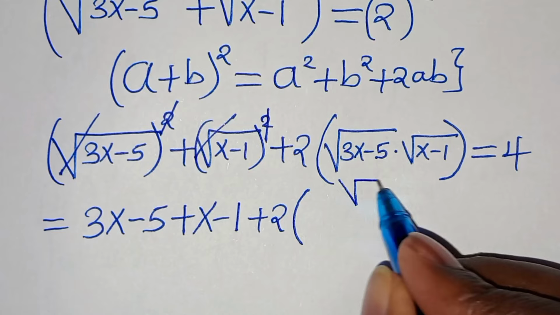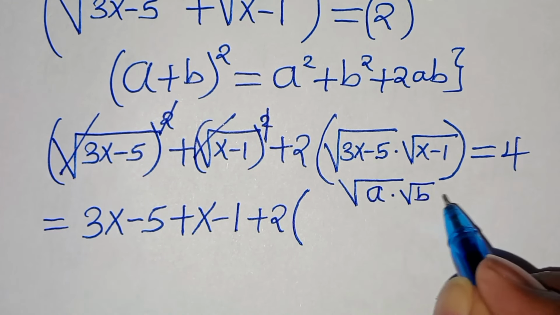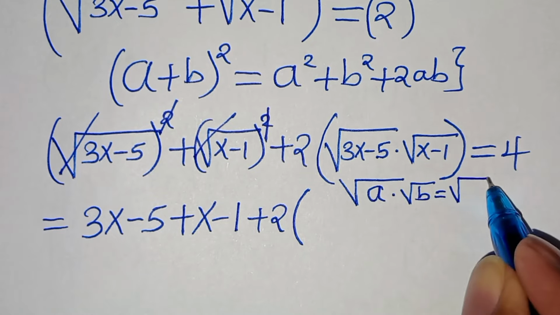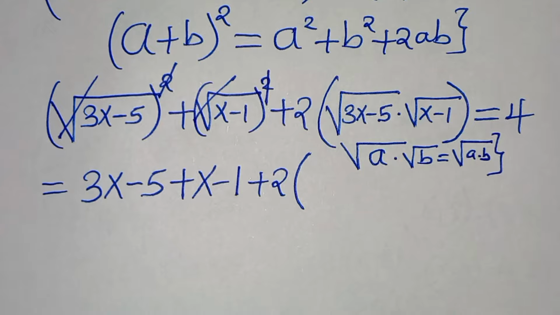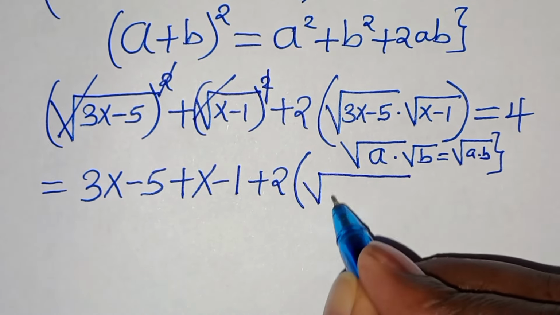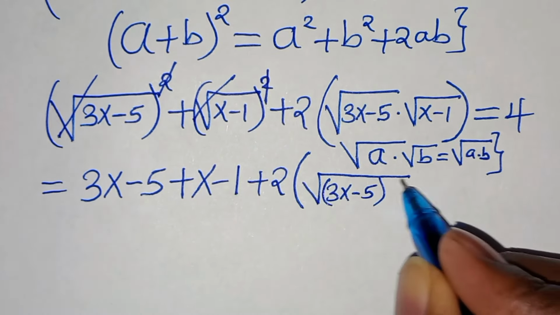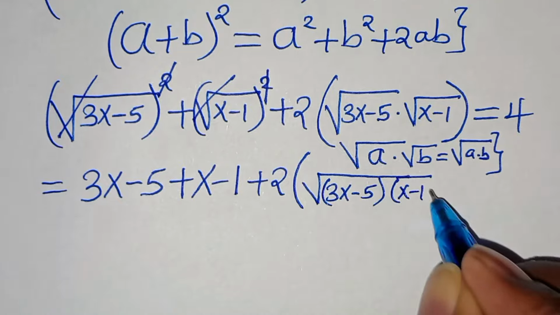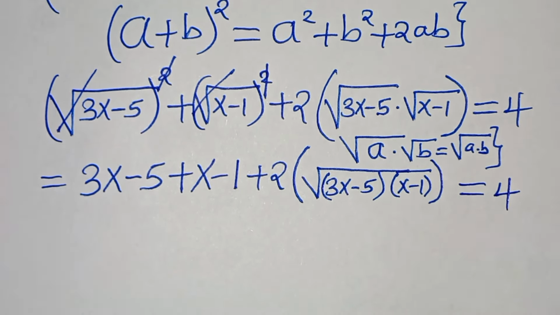This is in the form of square root of a times square root of b, which we can express as square root of a times b. So we have the square root of (3x minus 5) multiplied by (x minus 1), close the parentheses. This is equal to 4.